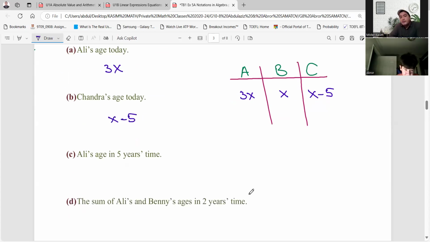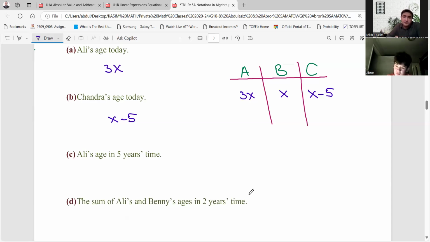Okay, C. Ali's age in 5 years' time. After 5 years, how old will Ali be? How old is Ali now? 3x, right? Can you see that? Look at the table. Today, Ali is 3x years old.